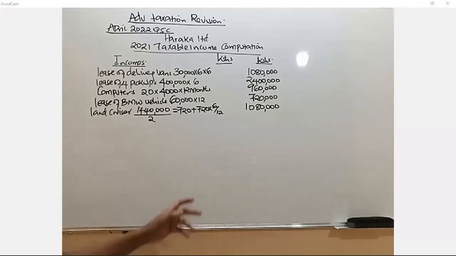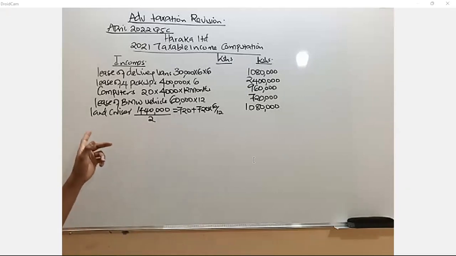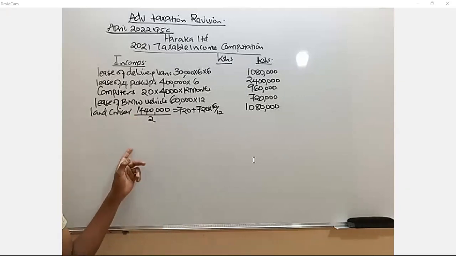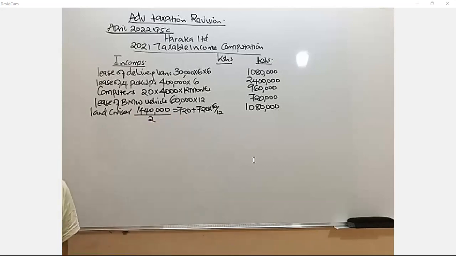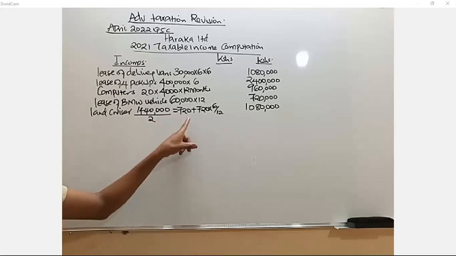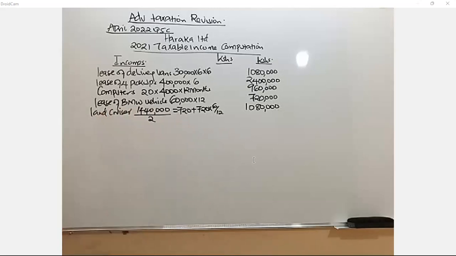So in this regard, I've said the total for the two Land Cruisers is 1440. So in a simple way, for one Land Cruiser it is 720,000, which was paid for the whole year.